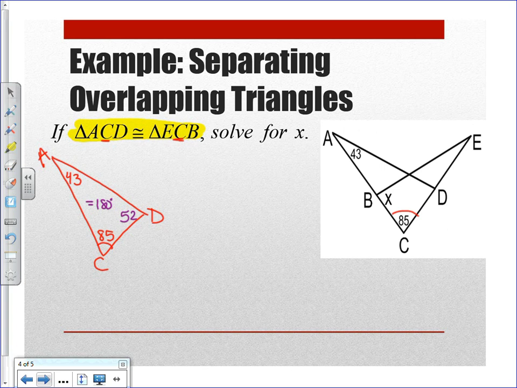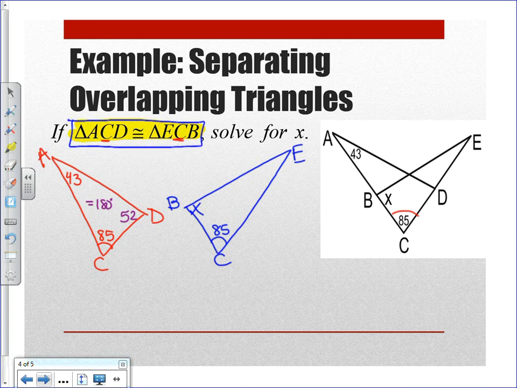So if I go to draw BCE, looks something like this. I know that C is congruent to C, so I know this is 85. I also see that angle B has an X at it. I don't know anything about angle E, and I can't solve for it since I don't know angle B either. However, if they're going to give you a congruence statement, it is for a reason. Never ignore it.